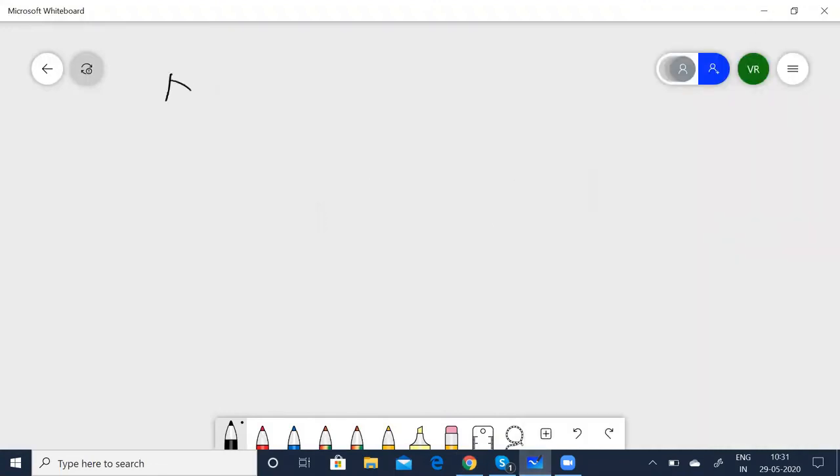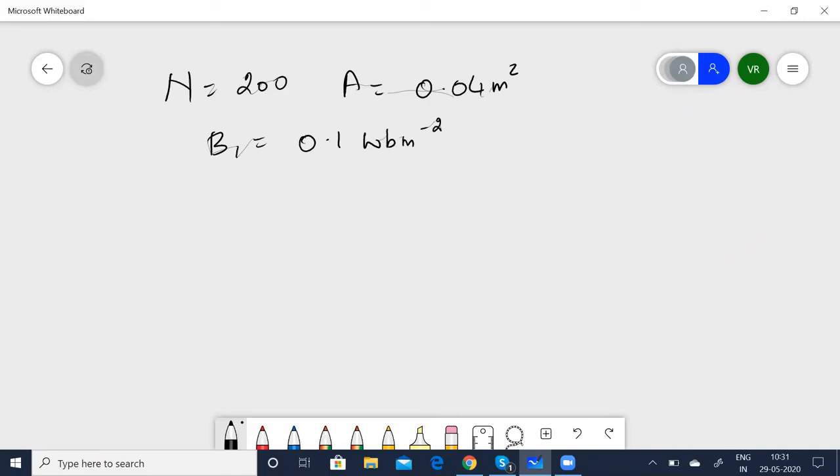So N is equal to 200. A is equal to 0.04 meter square. B1 is equal to 0.1 Weber per meter square. B2 is 0.04 Weber per meter square. So everything is given.